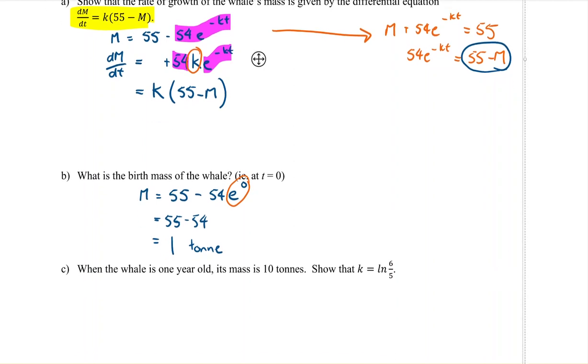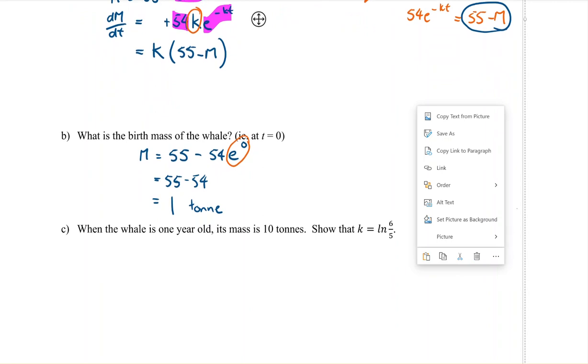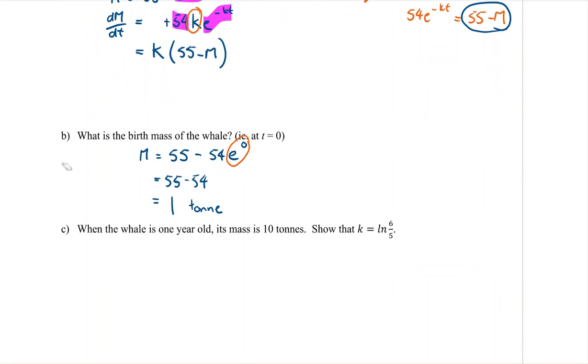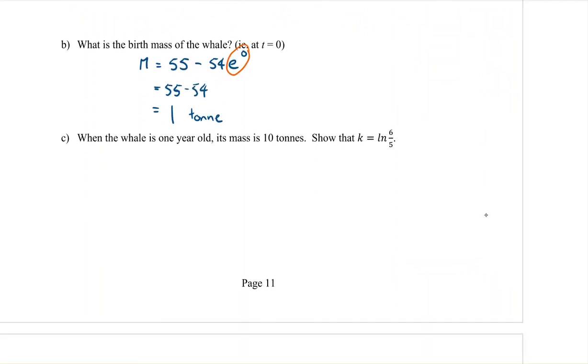Part C, when the whale is 1 year old, its mass is 10 tons. Okay, so it's giving me some information so that I can work out what k is. And it says show that k is equal to ln of 6 over 5. It's wanting me to keep it exact in log form.